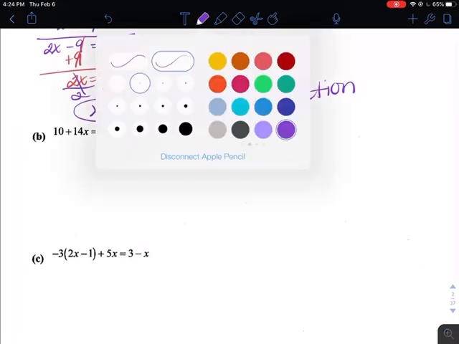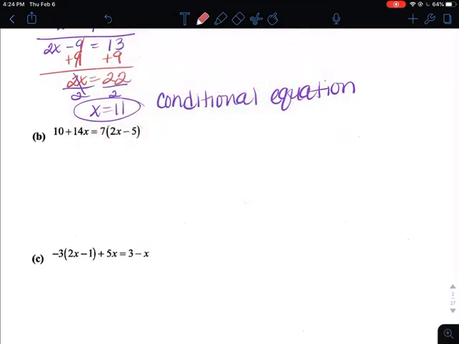All right, moving on to the next example. Here I'm going to have to distribute the 7 to that parentheses. So I get 10 plus 14x equals 14x minus 35. So now again, my goal is to get x by itself.